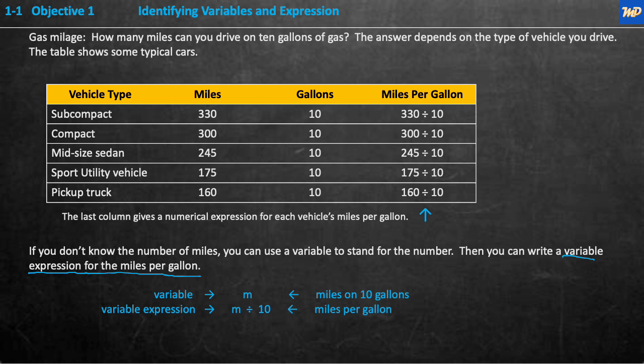Miles, distance, time, height, width, whatever you get: h, w, t, okay? And then miles on 10 gallons is what the m is. And the variable expression is m divided by 10 is equal to miles per gallon. So you can see that's the variable expression. That's like the key thing in the future in your equations.